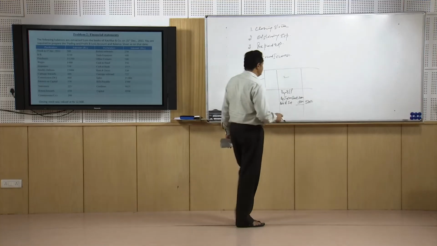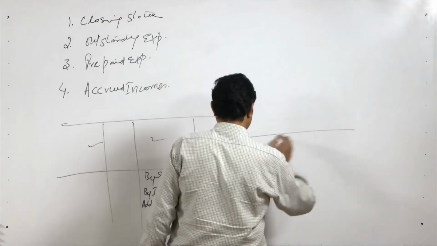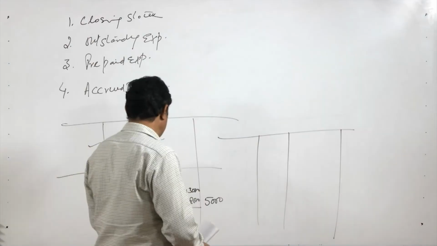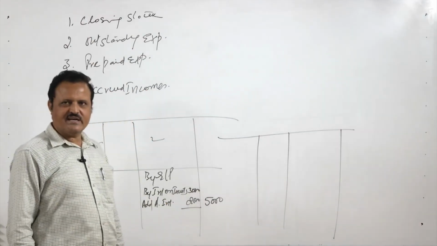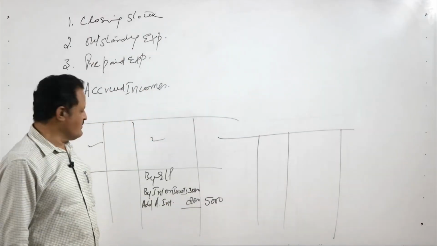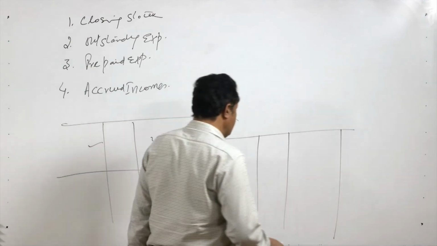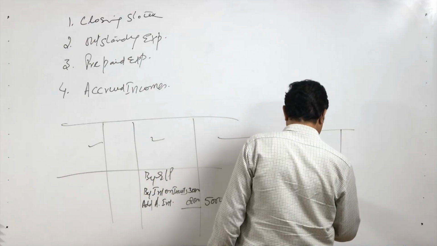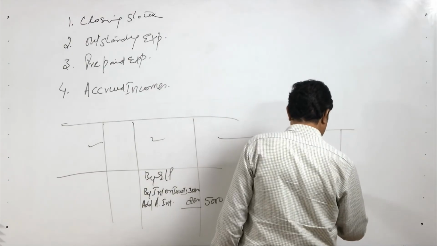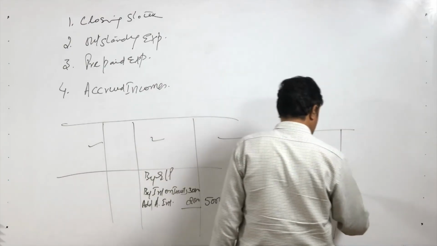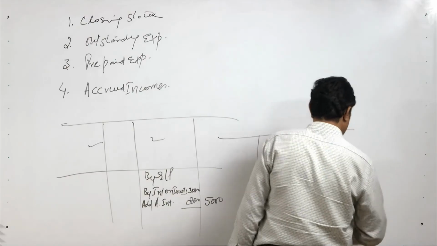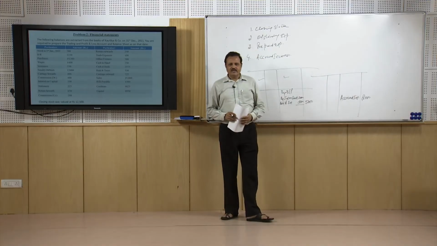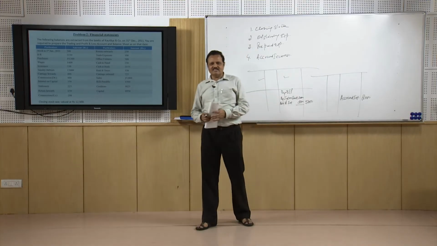The second effect of this interest will be in the balance sheet. In the balance sheet, accrued incomes which are earned but not yet received are shown as assets. Accrued interest, say 2000 rupees, will be shown as an asset in the balance sheet.